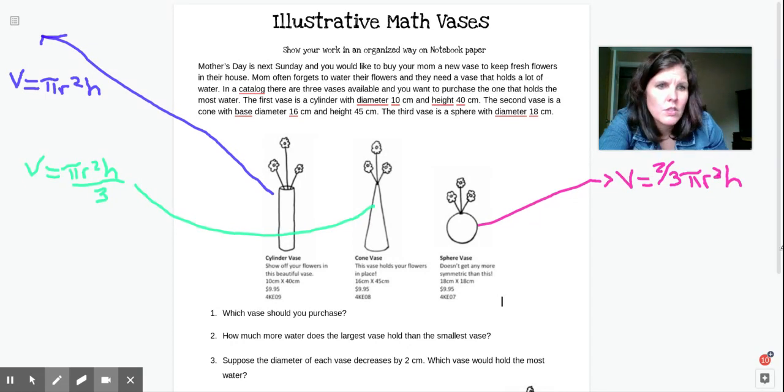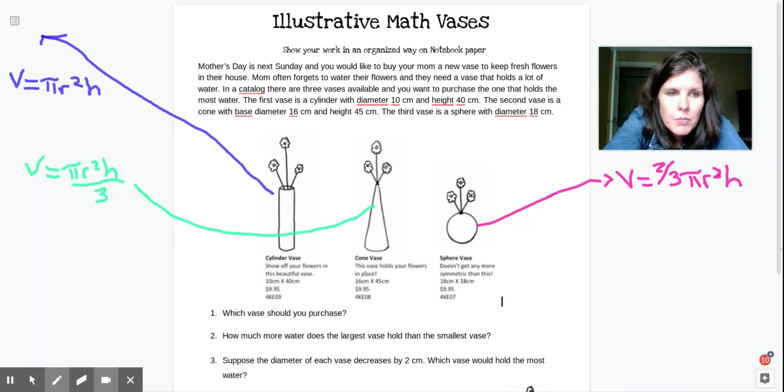Let me pause for a second here and talk to you for a minute. If we were in the classroom and you guys were going to take the EOG, I would be pretty insistent on you doing this 2/3 one, because the EOG, they don't give you the formula, and it's easier to remember the one formula and how the three things are related, especially because that's part of what we're supposed to know.